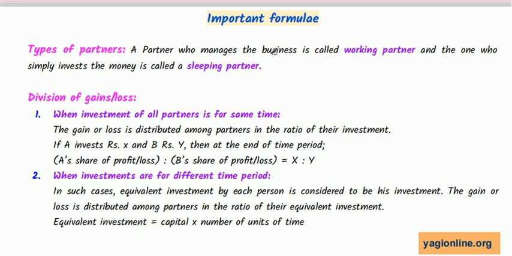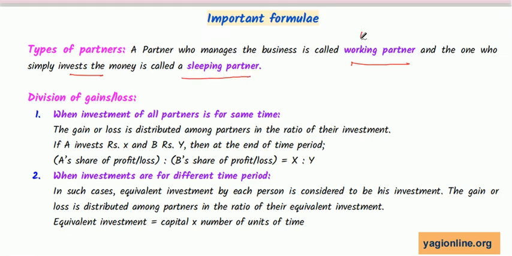First of all, let's understand a few basic concepts of partnership. Now, partners in totality can be divided into two. One can be a working partner who actually manages or runs the business, and the other one who only invests money is known as a sleeping partner.